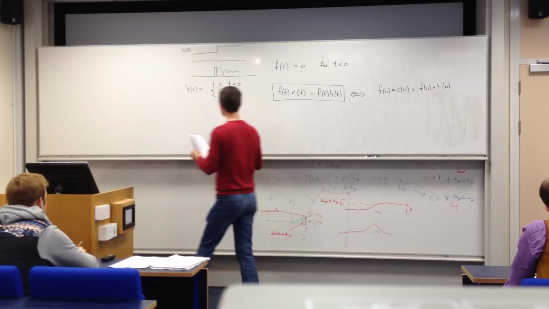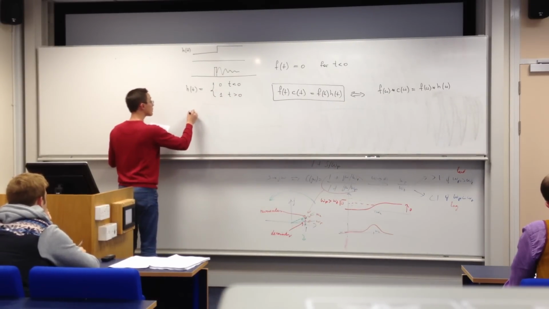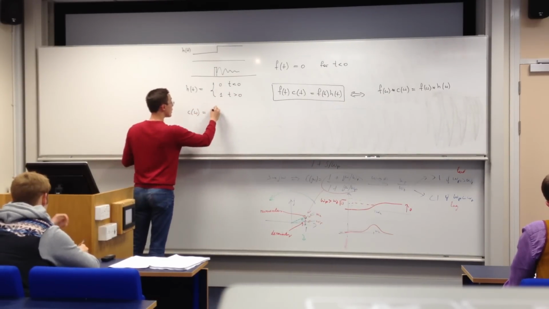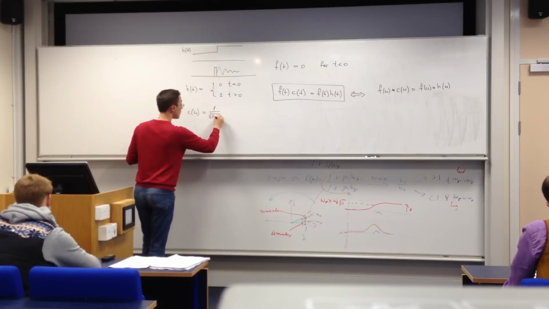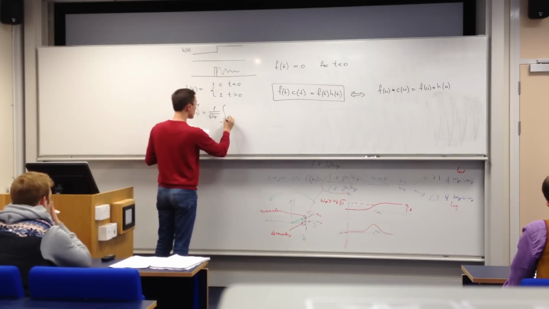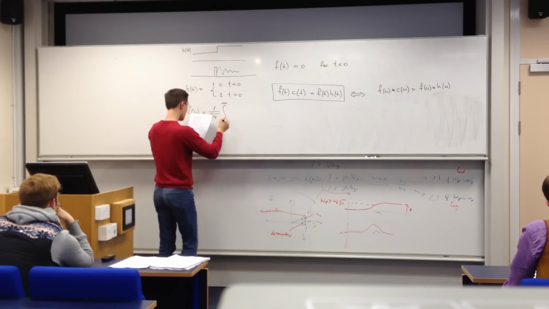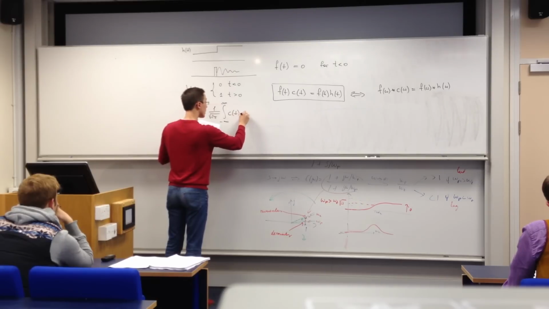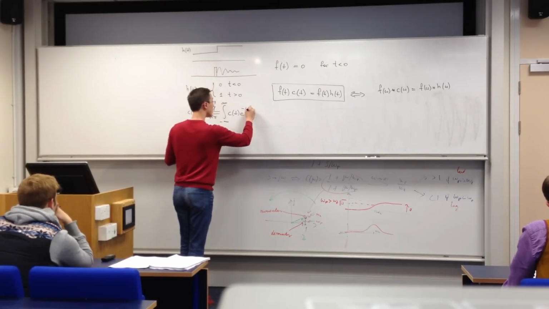For a constant, from just the definition of the Fourier transform, c of omega is 1 over root 2 pi times the integral from minus infinity to infinity of the constant c of t times e to the minus i omega t.